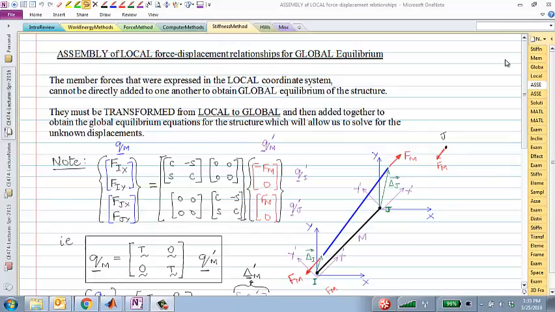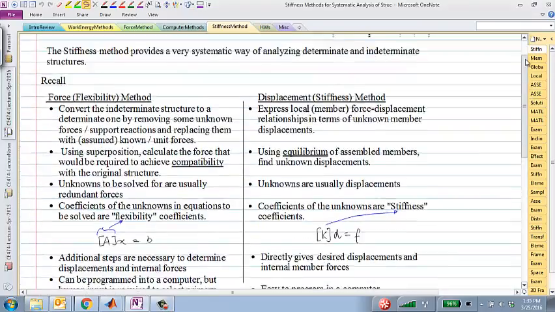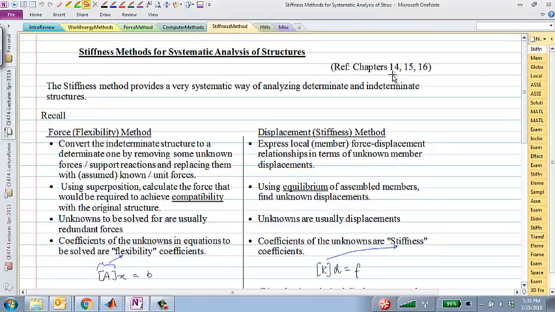And just a word of caution here: even though on the first slide, when we started talking about the stiffness method, I referred to chapters 14, 15, and 16 of your textbook, I feel that the way the textbook explains the stiffness method is not the easiest to grasp. So my approach will differ from their approach.